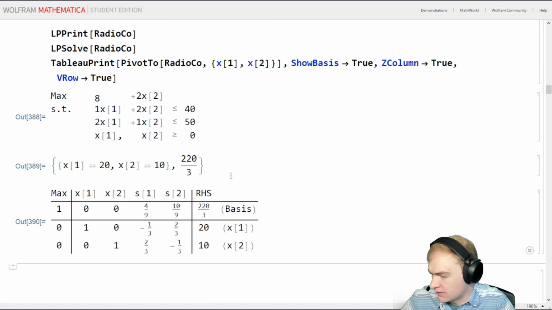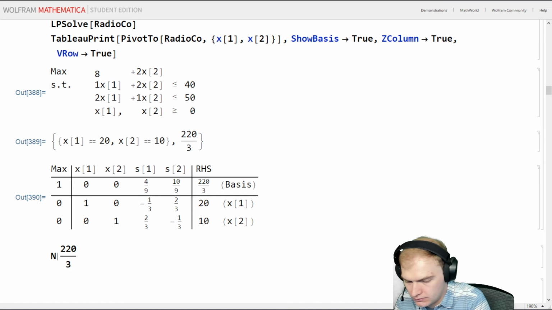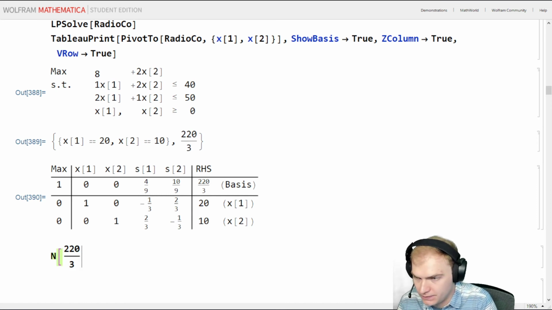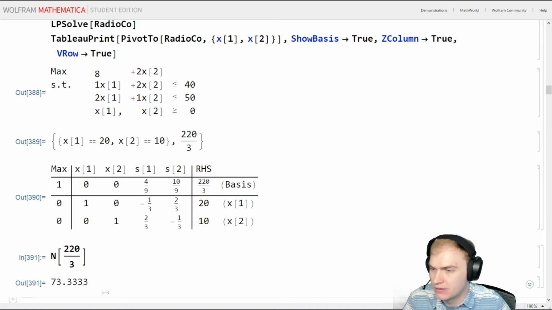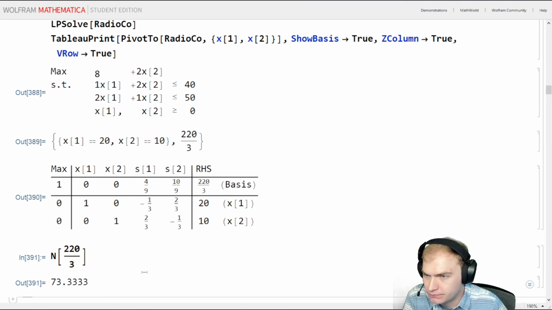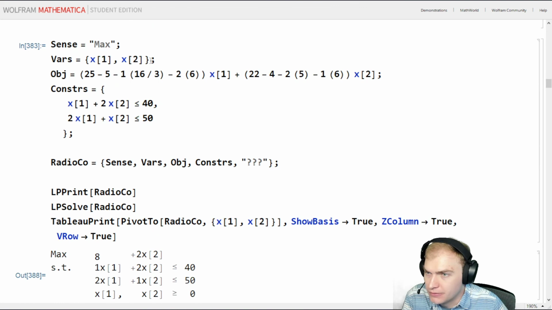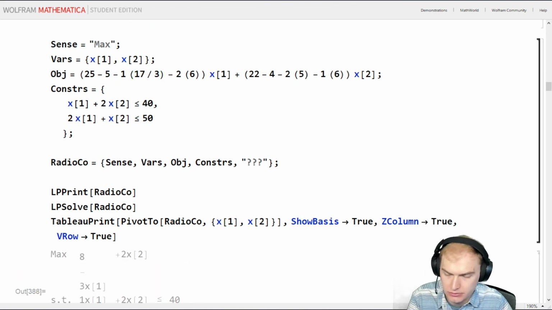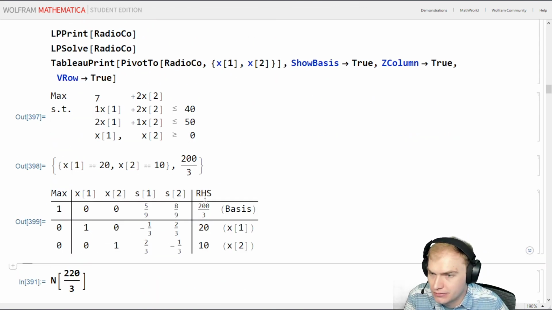So at 16/3, we're getting 220 divided by 3. What's the decimal of that? 73 1/3. Okay. So what if we were to bump it up to an additional one? We're still getting the same basis.